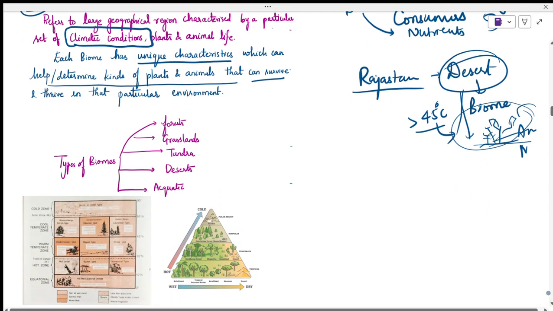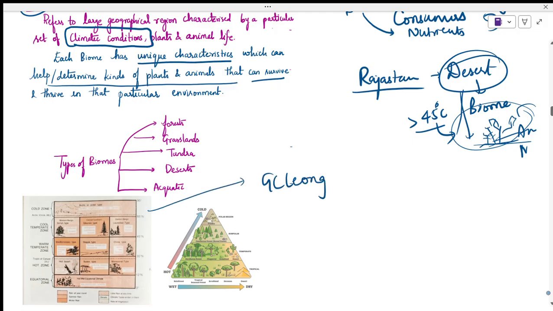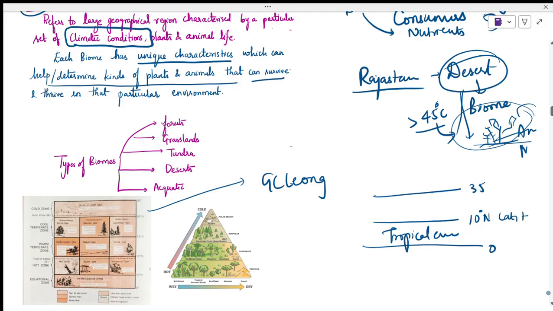So this diagram is from GC Leong. If you have studied geography, you might have gone through this. For example, from 0 degrees to 10 degrees north latitude will be having tropical evergreen forest, and in the east from 10 degrees to 35 degrees north will be having monsoon type of climate.